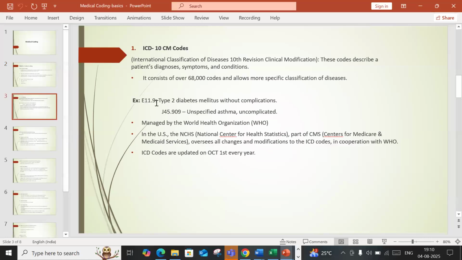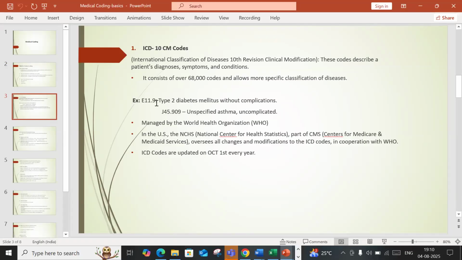So coming to ICD-10-CM codes. The abbreviation ICD stands for International Classification of Diseases, 10th Revision, Clinical Modification. The ninth revision also exists, but as of now we are not using that manual to report diagnosis codes. We use the 10th revision to report diagnosis codes.